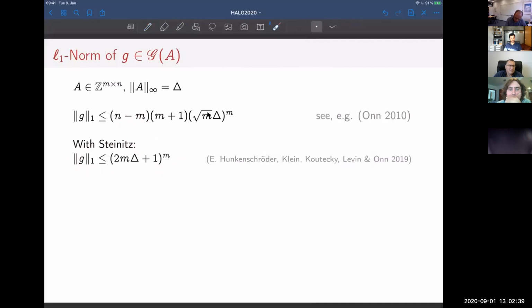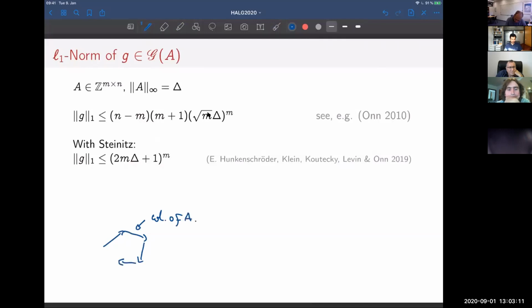And let me just tell you why this is true. M is the number of constraints, delta is the largest absolute value of a component of A, and we get 2M delta plus 1 to the power of M. And how do you show this? Well, if you look at an element in the kernel, then you have again a Steinitz sequence, and this time the Steinitz sequence are again columns of A.